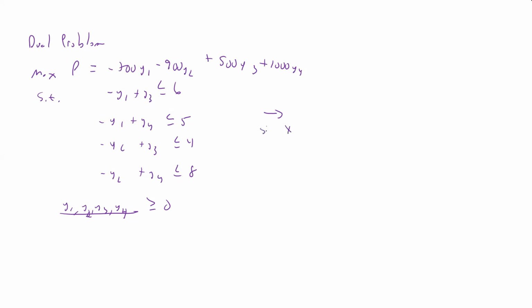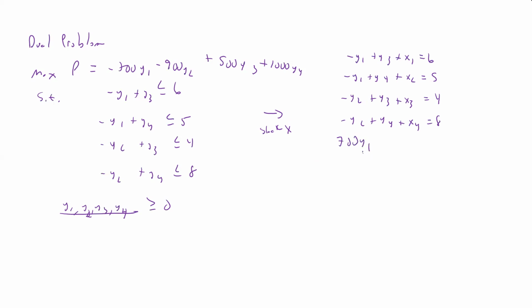So we'll have -y1 plus y3 plus x1 equals 6, and -y1 plus y4 plus x2 equals 5, -y2 plus y3 plus x3 equals 4, -y2 plus y4 plus x4 equals 8. Going back with that one, now we have 700 y1.